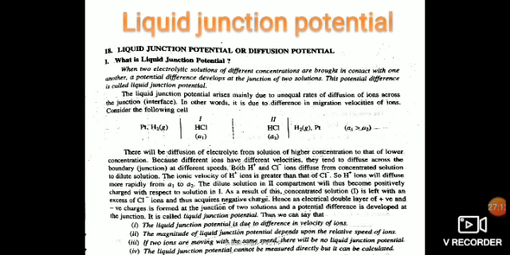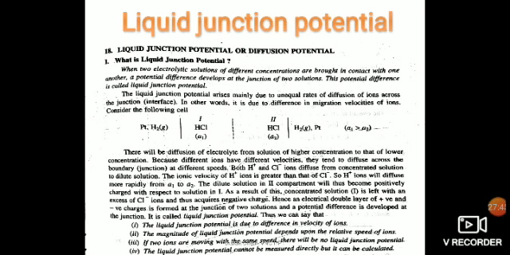The dilute solution in the second compartment will thus become positively charged with respect to the solution in compartment 1. As a result, the concentrated solution in compartment 1 is left with an excess of Cl minus ions and thus acquires a negative charge. Hence, an electrical double layer of positive and negative charges is formed at the junction of the two solutions, and the potential difference developed at the junction is called the liquid junction potential.